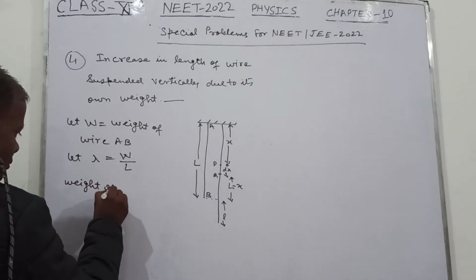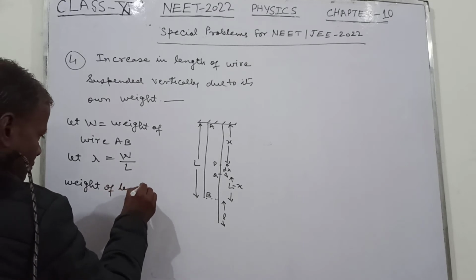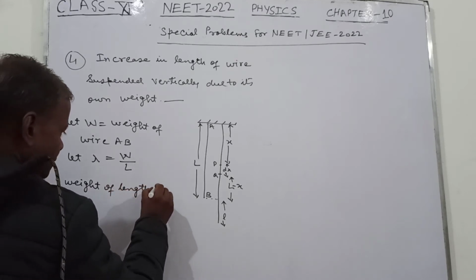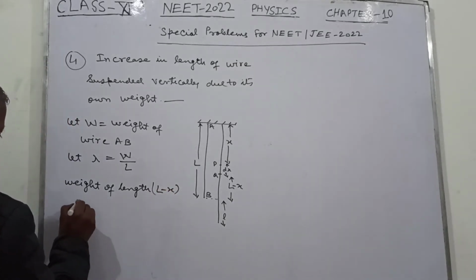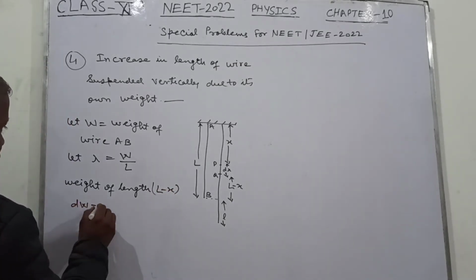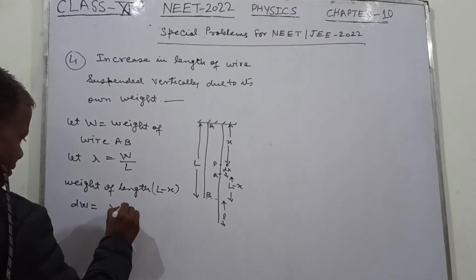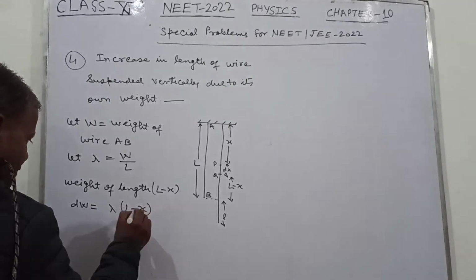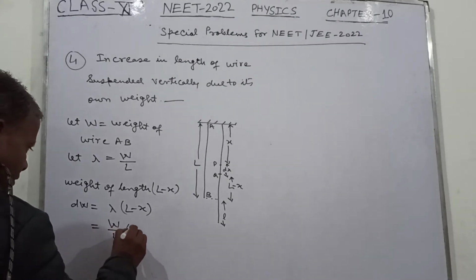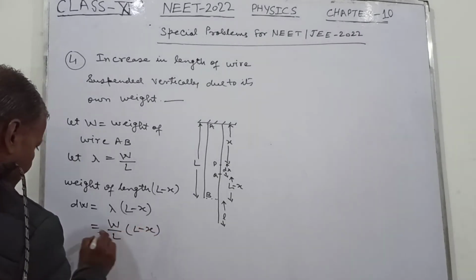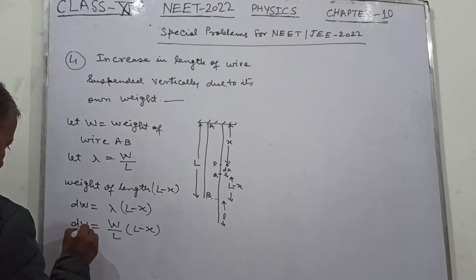Weight of length L minus x, this is dW equal to lambda into L minus x. So this is equal to W upon L into L minus x. This is equal to dW.